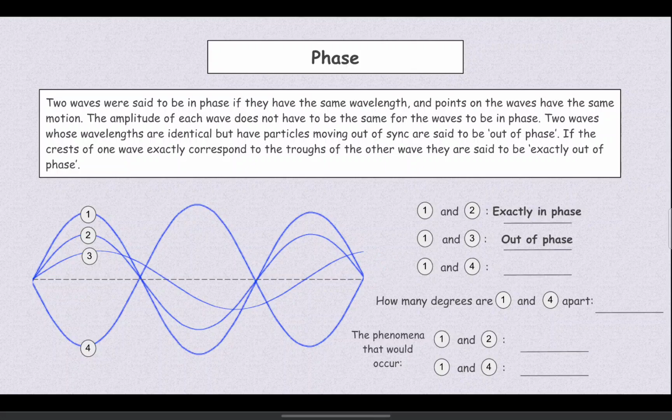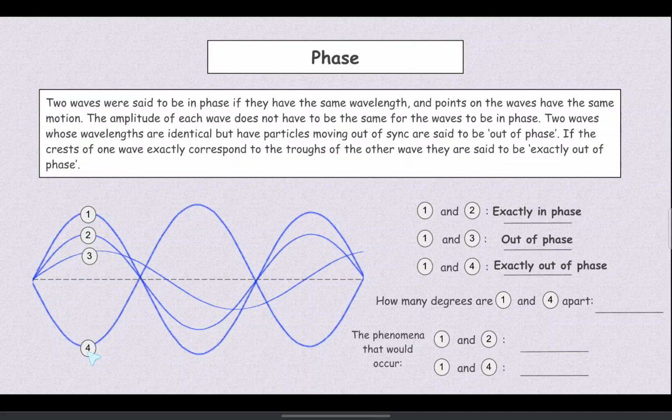And then between 1 and 4, this is exactly out of phase, as in the final sentence of this blurb, where it says if the crests of one wave exactly correspond to the troughs of the other wave, they are said to be exactly out of phase. So as you can see, the crest and the trough are in exactly the same position for 1 and 4, and they are 180 degrees different.